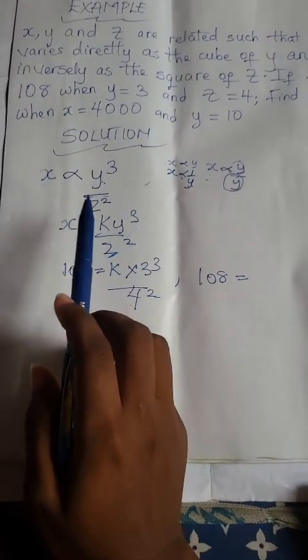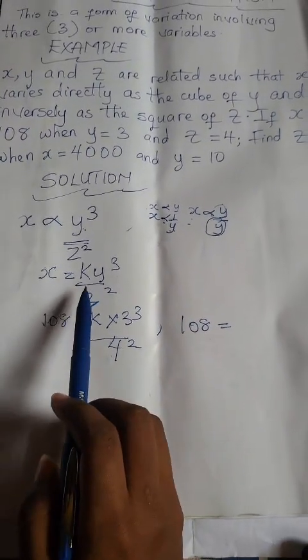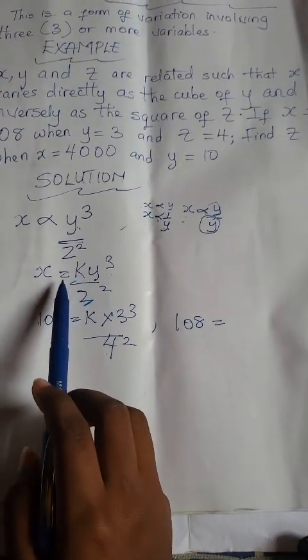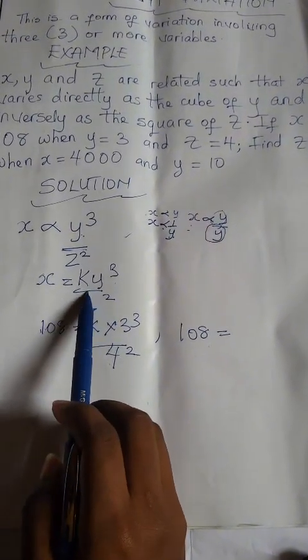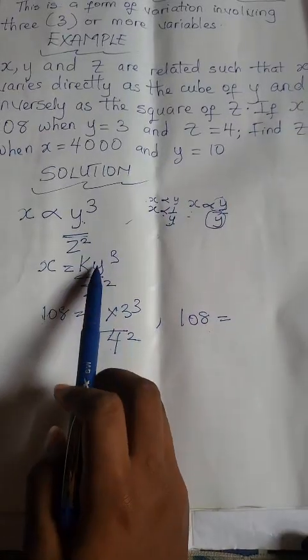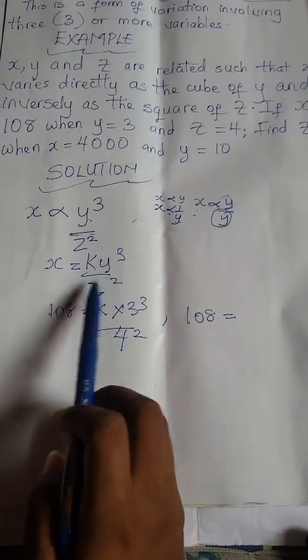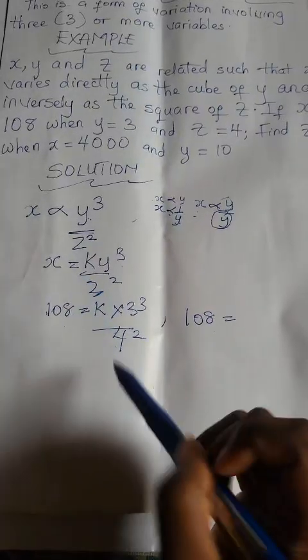Simple like that. Let's simplify the formula now. X will be equal to, when we introduce the equals sign, we put our constant k, then you write back what was in the formula before, y cube over z squared. So this is the formula that we're going to be using.